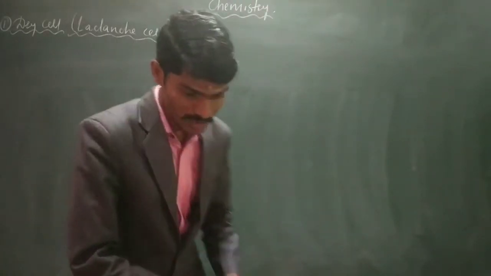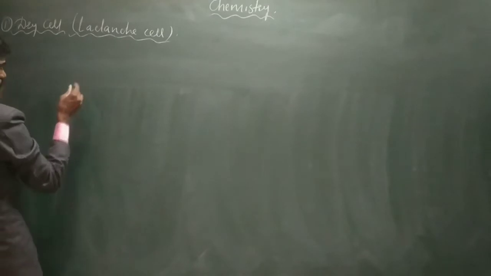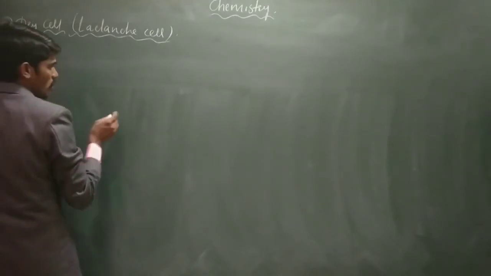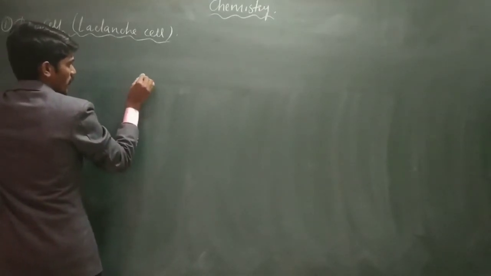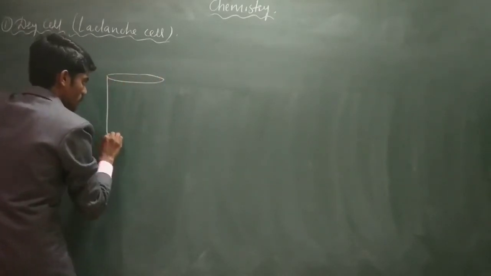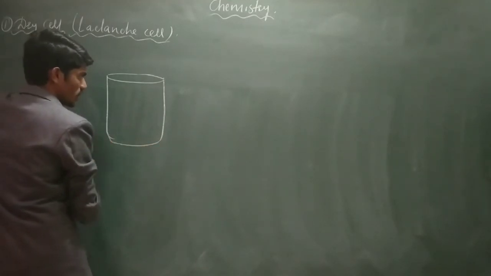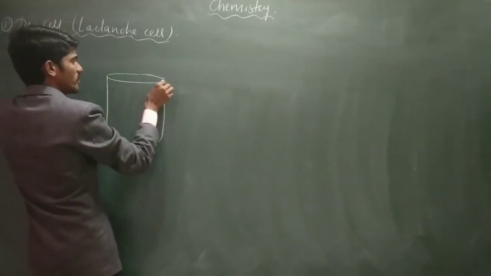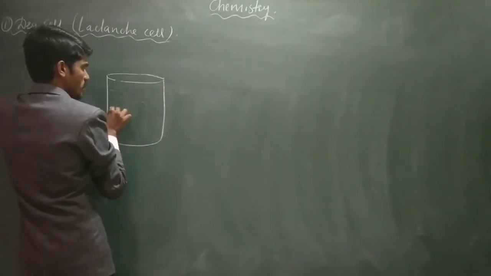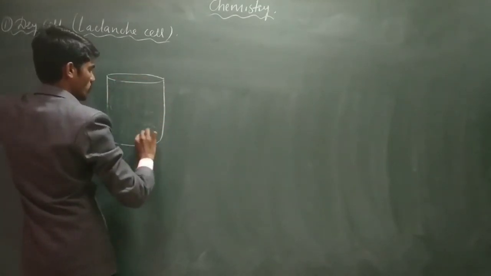Now first one is the Leclanche cell or dry cell. It consists of a zinc cylinder, which is filled with an electrolyte, zinc chloride and ammonium chloride.